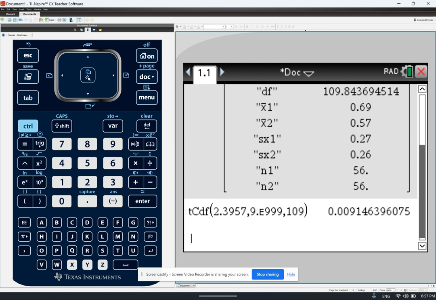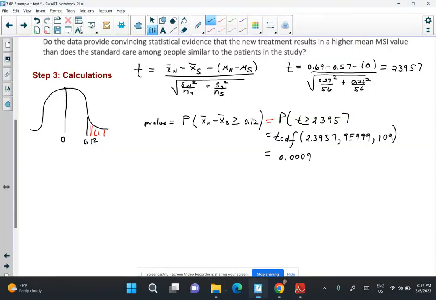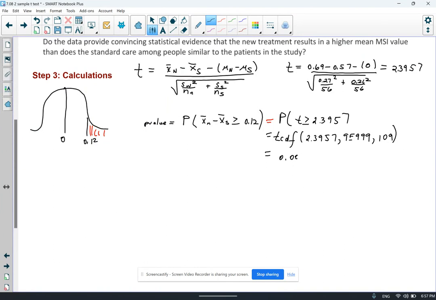And you notice that I got 0.009. Let's see if I wrote it. I wrote it down wrong before. It is 0.009, so I'm glad I double checked with the calculator. I had an extra 0 in here, but essentially you get the same p-value. So you don't really need to do the tcdf, but for now I want it, and I'll explain to you when I see you on Monday why it's necessary at this point.